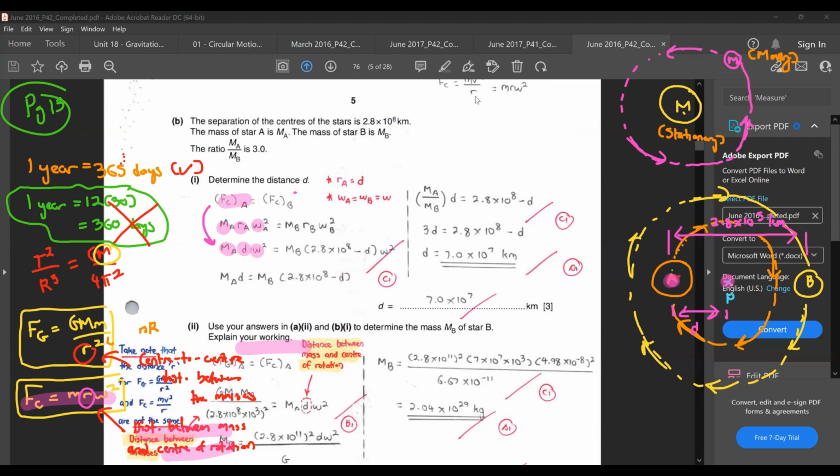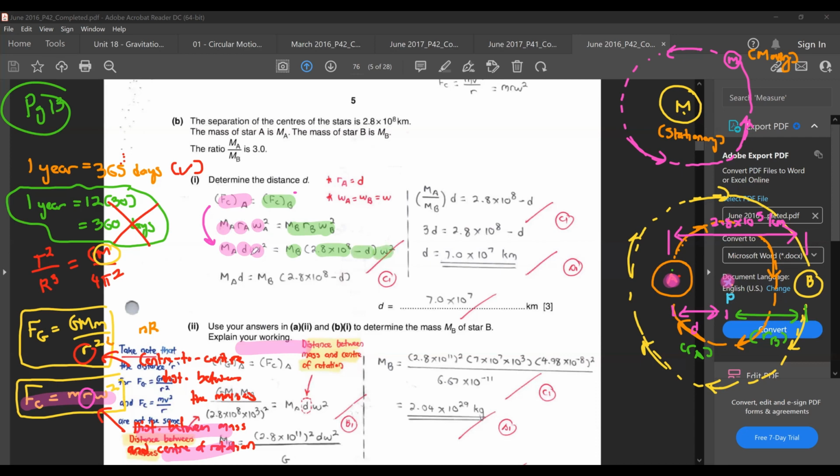If I'm talking about the centripetal force of B, it should be M_B R_B omega_B squared, right? Now this one is my R_A, and this one will be my R_B, which ought to be 2.8 times 10 power 8 minus D, then times omega squared.